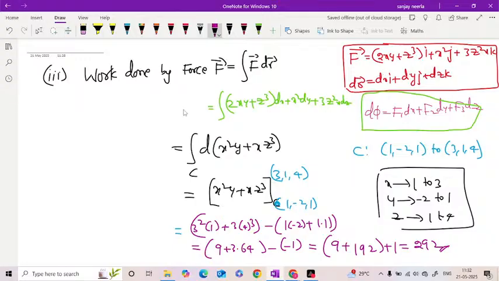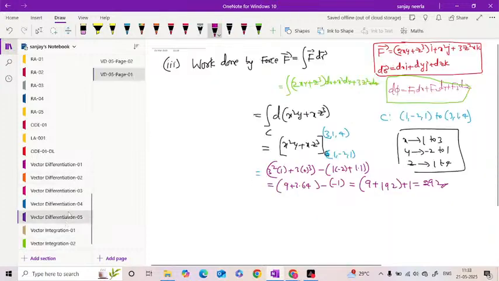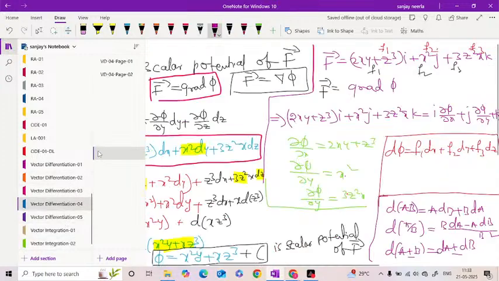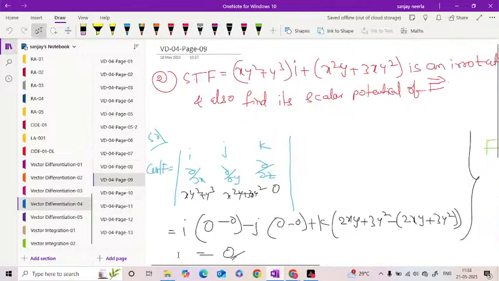Okay, Nandi. Now what is the second problem in the previous class? Previous class means the second problem in the scalar potential field. Verification we already did.